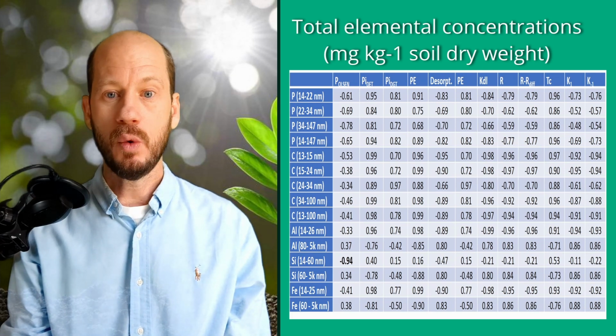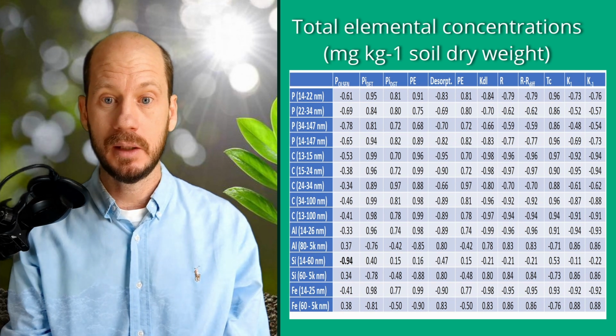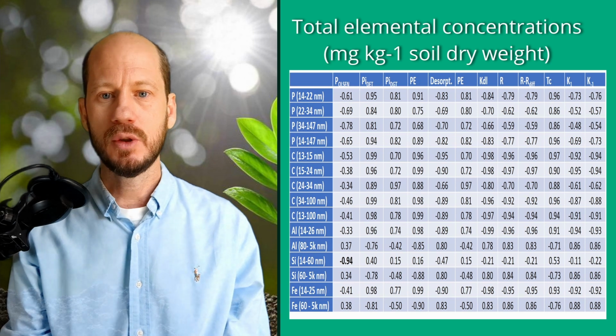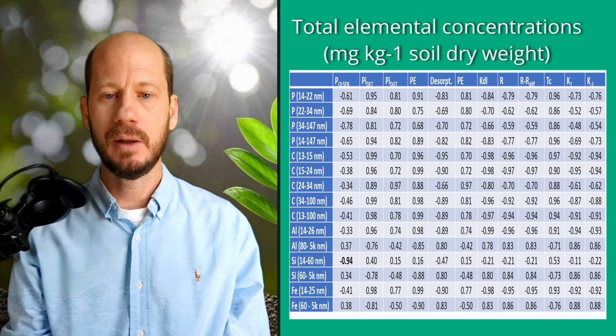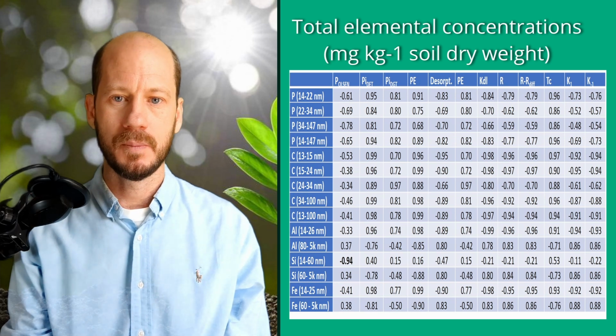And the ozone phosphorus, which is usually used as a bioavailability measurement of phosphorus, was only correlated with the disaggregation of silica colloids.